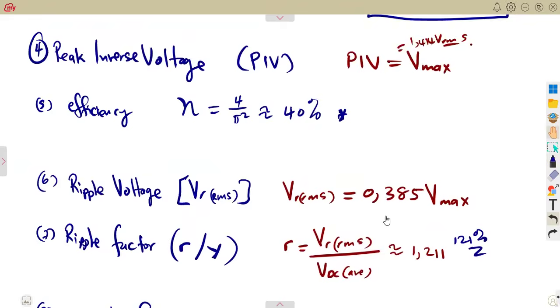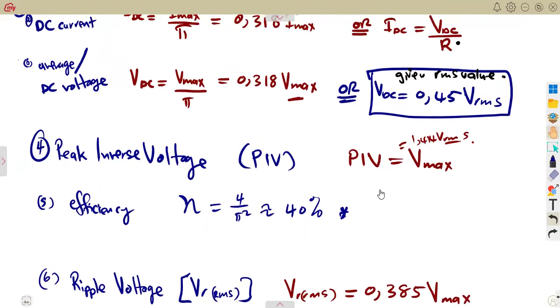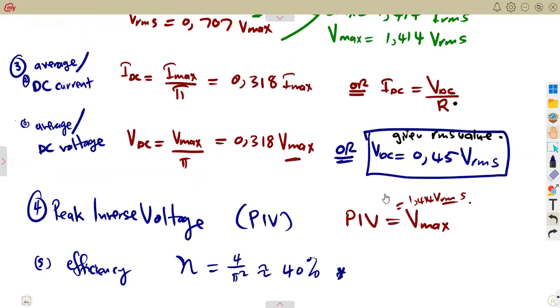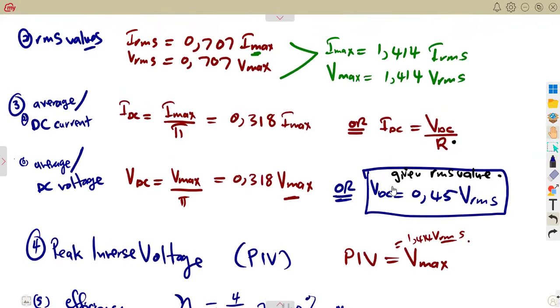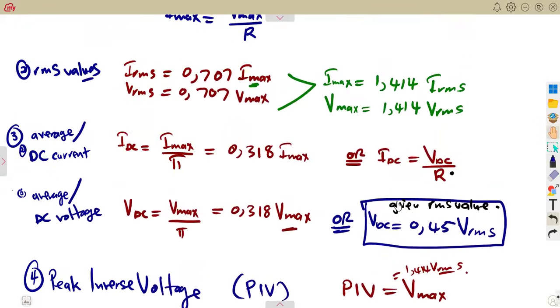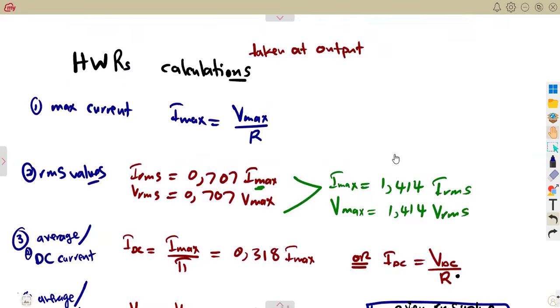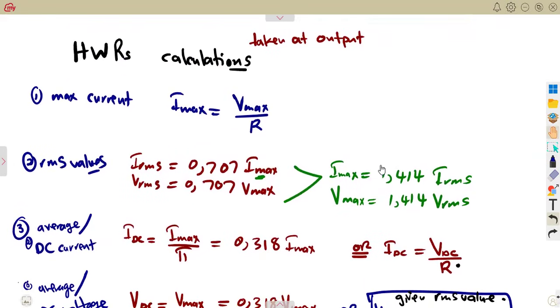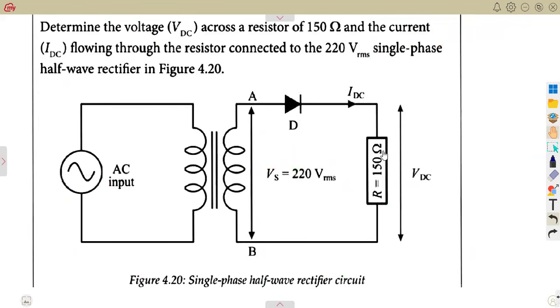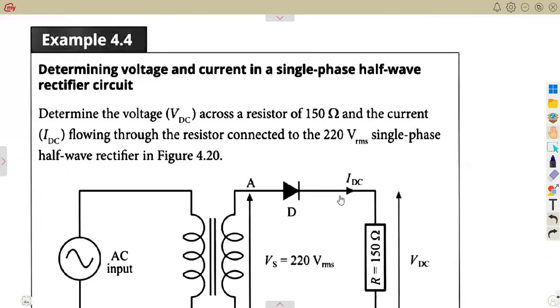With those calculations, we can attempt as many questions as we can, also understanding the basics of a transformer, because all these are part and parcel of our transformer. As long as you have this, you need the transformer calculations.